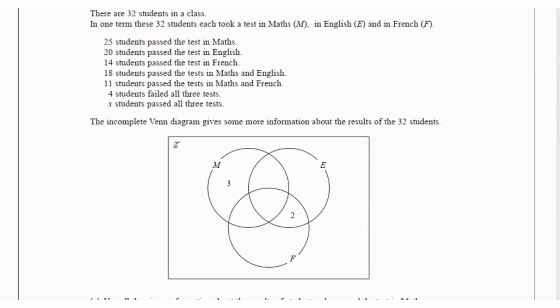So there are 32 in total, and x passed all 3 tests, so that's going to be in the middle, the intersection of all 3 circles. 4 students failed all 3, so that's outside. 11 students passed the test in maths and French. So this is maths and French. So all of this is 11, which means this is going to be 11 minus x.